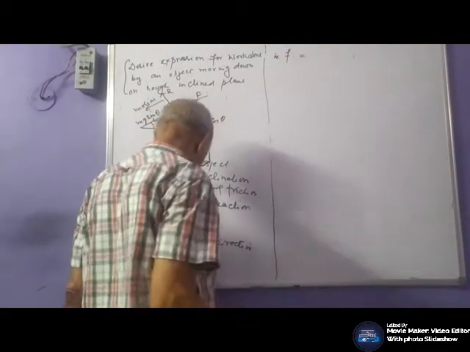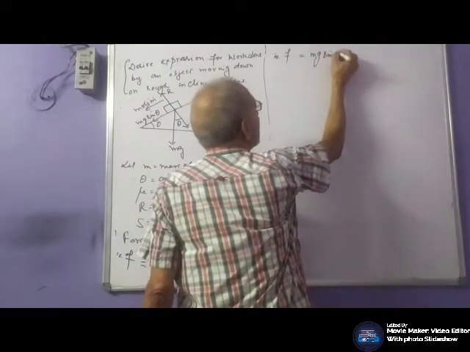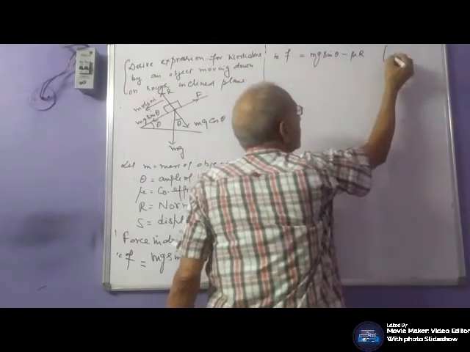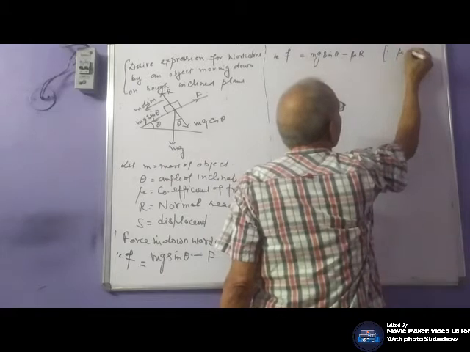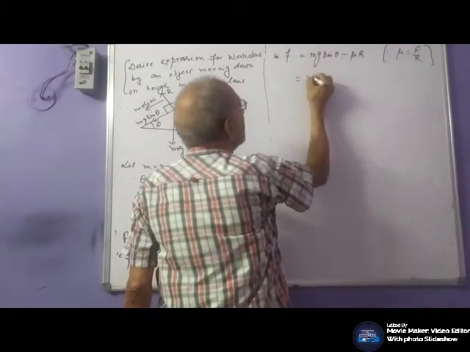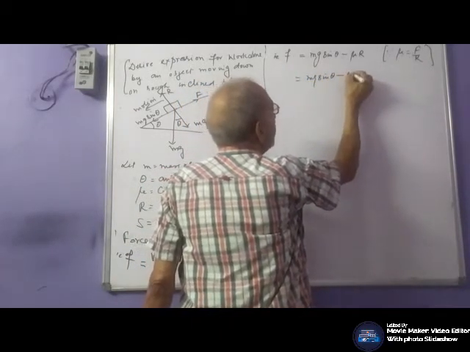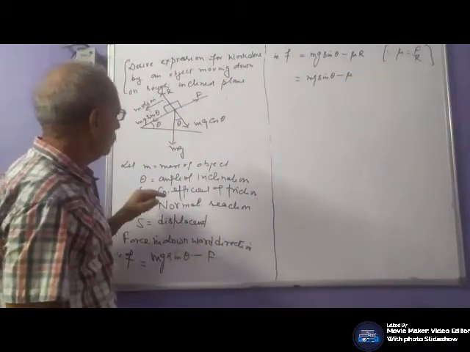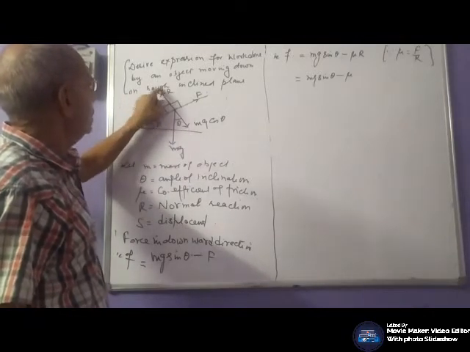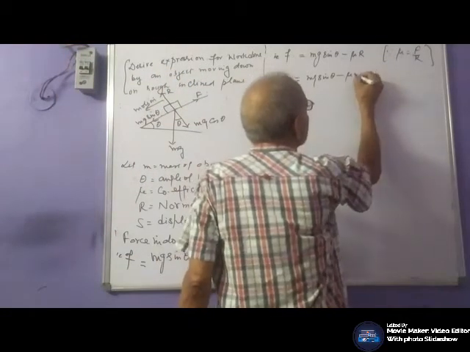Small f equals mg sin theta minus F, F is mu R. Why? We know mu is F by R. mg sin theta minus mu R. This is R. Newton's third law. This equal to this.